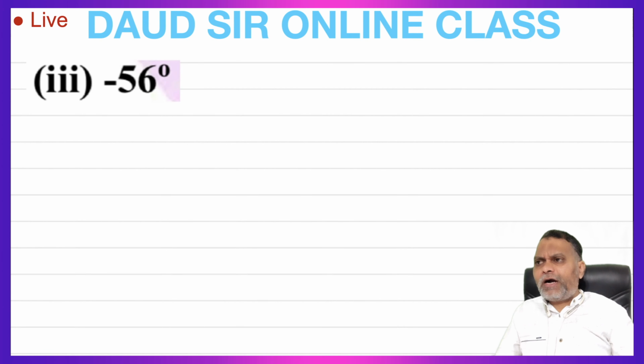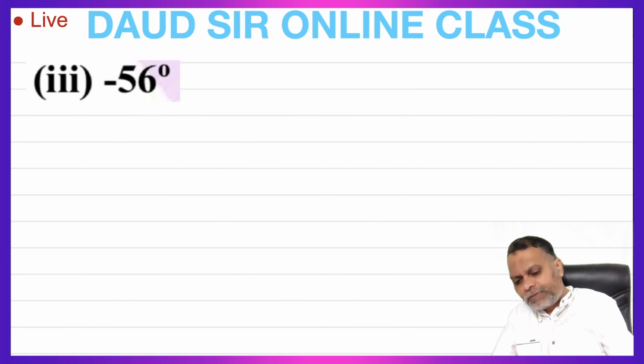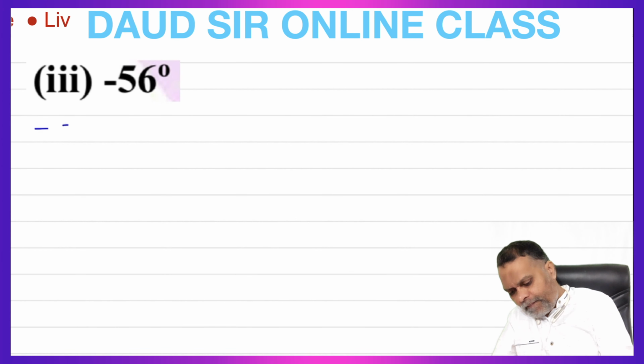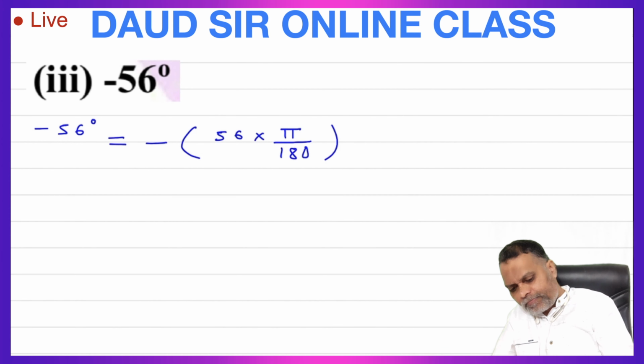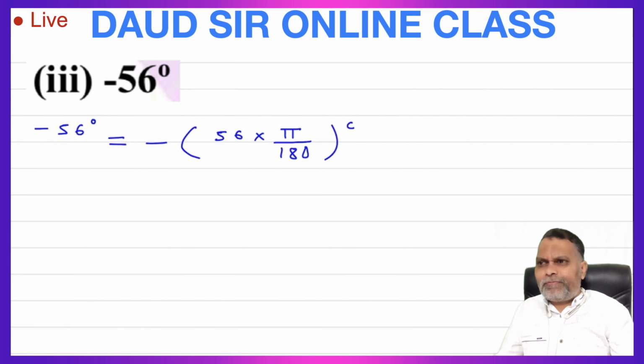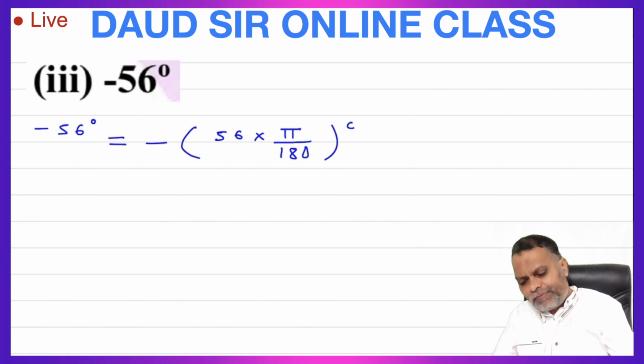Question number second, part third. Minus 56 degree is equal to minus 56 into pi by 180 radian, multiplying by pi by 180. Simplify this.